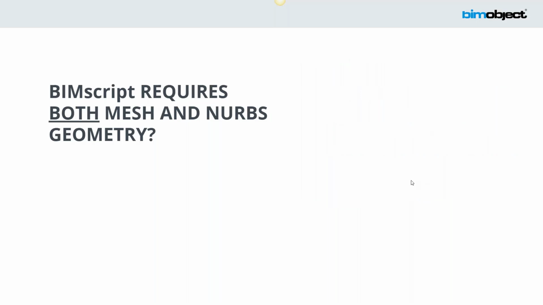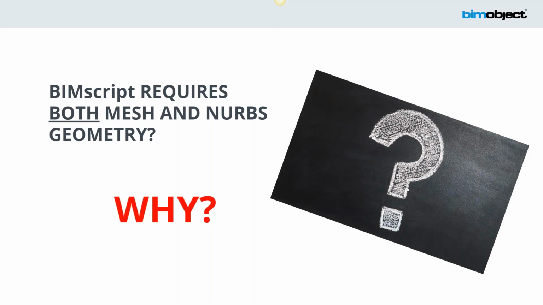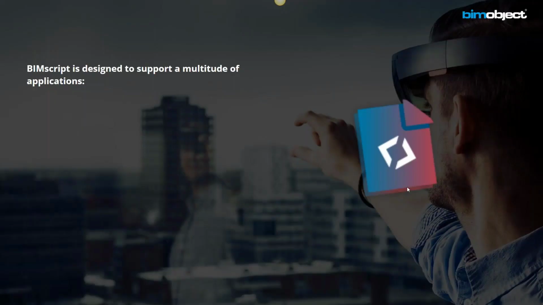For those of you who have used BIMscript, you may notice that we require both mesh and NURBS geometry. For those who haven't used it, now you know that it's going to require them. But why do we need to have both? Let's find out.